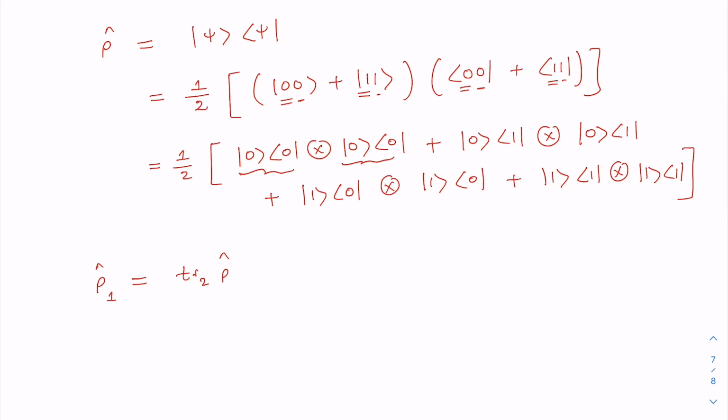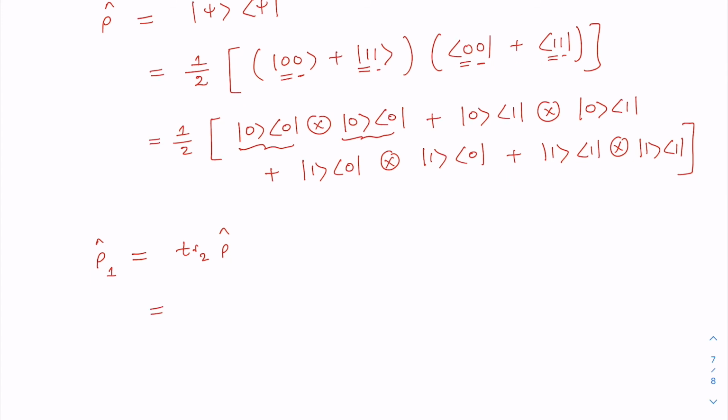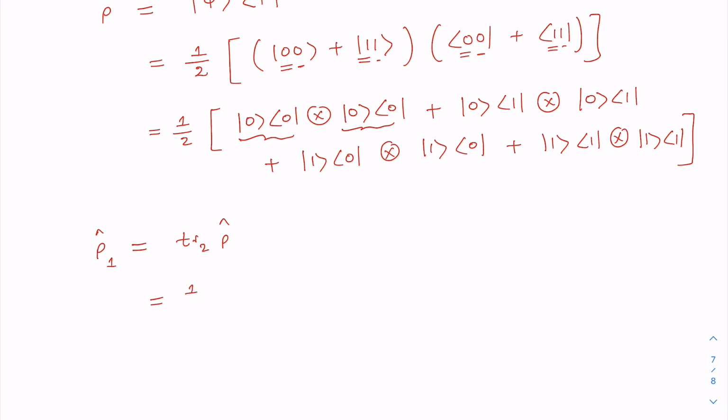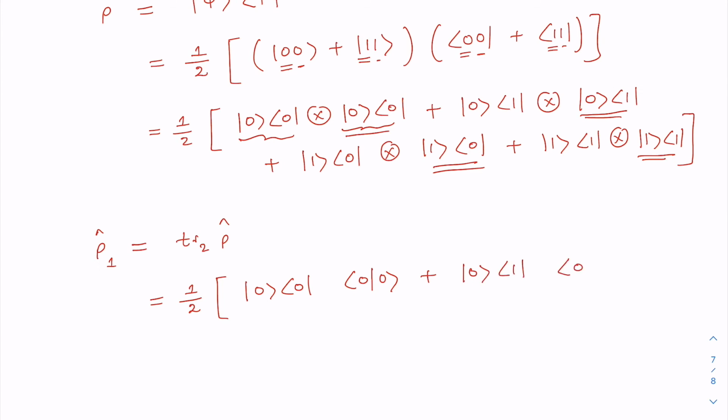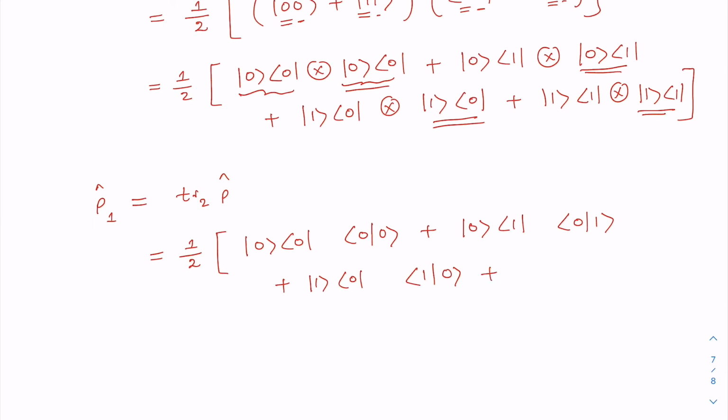So I will take the trace over the second transmon qubit, and as you know, when we take the trace operation on the second qubit, this outer product will simply become the scalar product, and I will have it like this here: |0⟩⟨0| with ⟨0|0⟩, plus |0⟩⟨1| with ⟨1|0⟩, and I will also have |1⟩⟨0| and |1⟩⟨1| here.